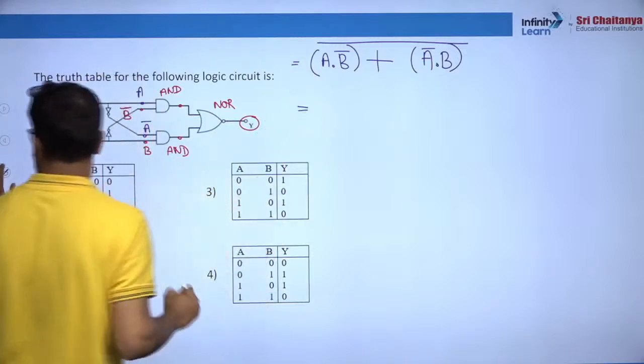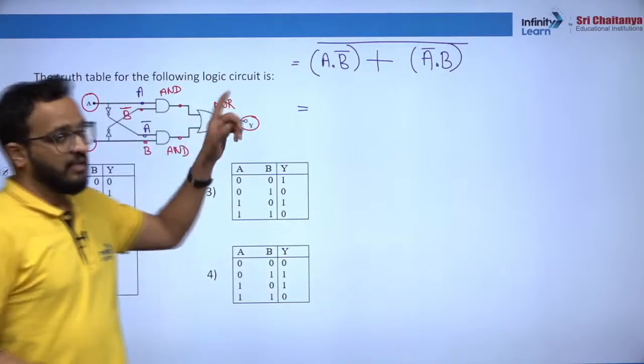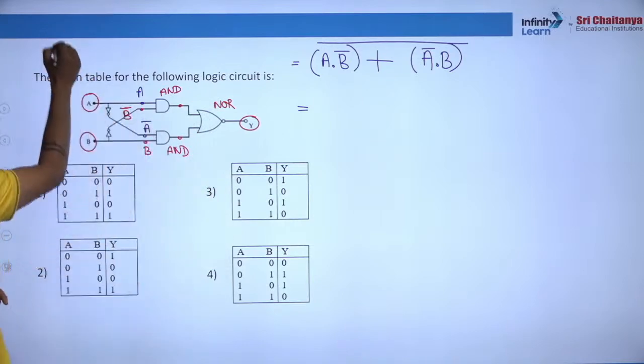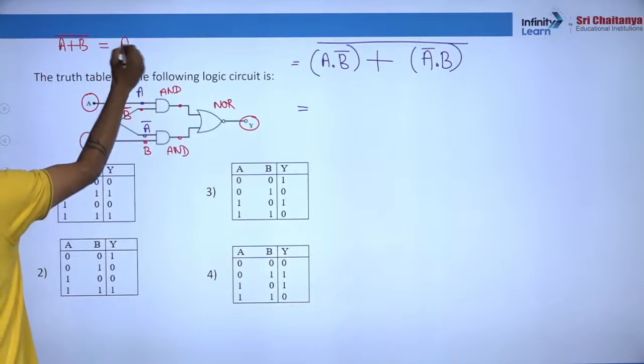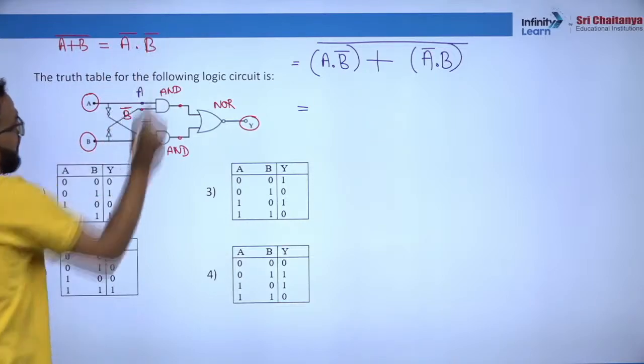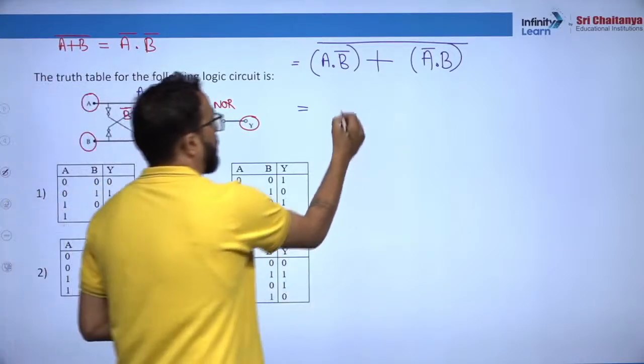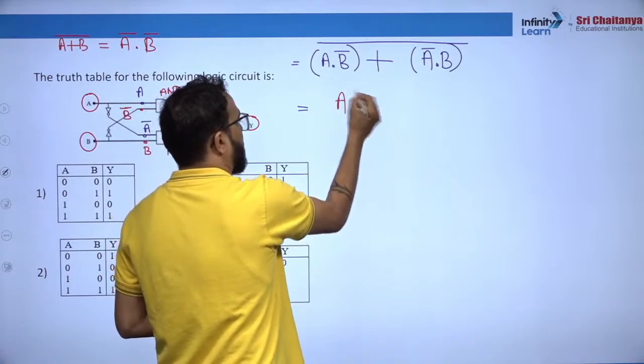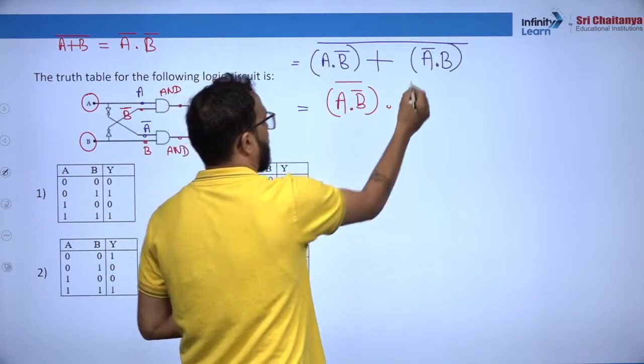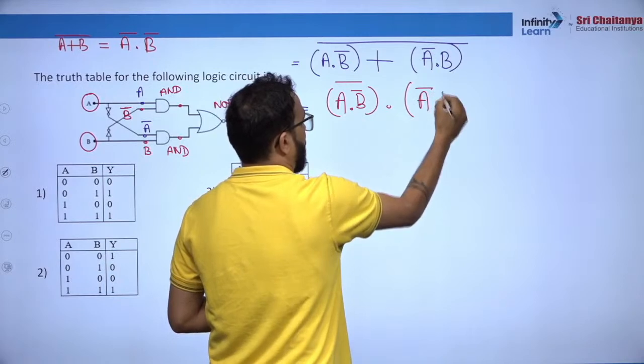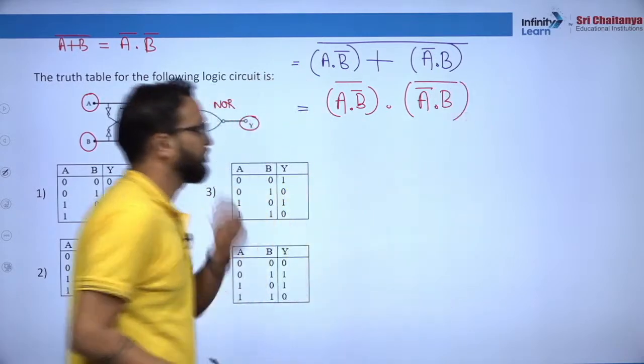Now, using the formula, which formula? I'll write it down here: A plus B bar is A bar dot B bar, right? So, let's write it down. It will become A dot B bar whole bar dot A bar dot B whole bar. Got it?